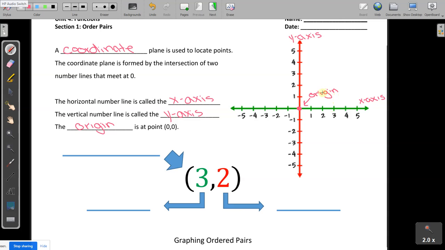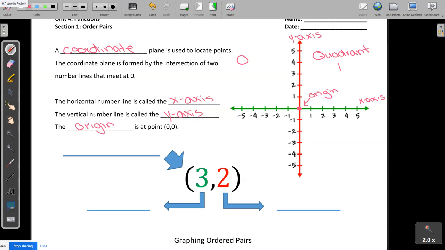The coordinate plane is split into 4 sections. So we call each section a quadrant. So this is our quadrant 1. That's where all the x values and all the y values are positive. Now we travel counterclockwise. So we're going to travel to the left.